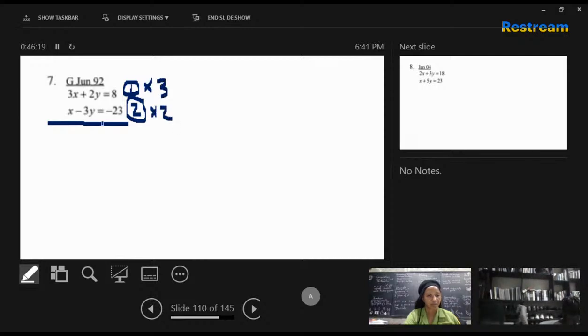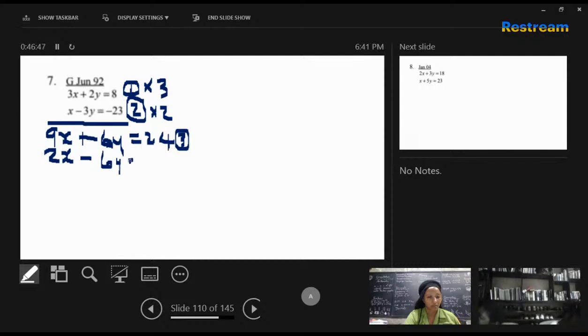So it'd be 9x plus 6y is equal to 24. Okay, so it'd be 2x minus 6y is equal to negative 46. In this one, if it's plus and addition, I'll add.